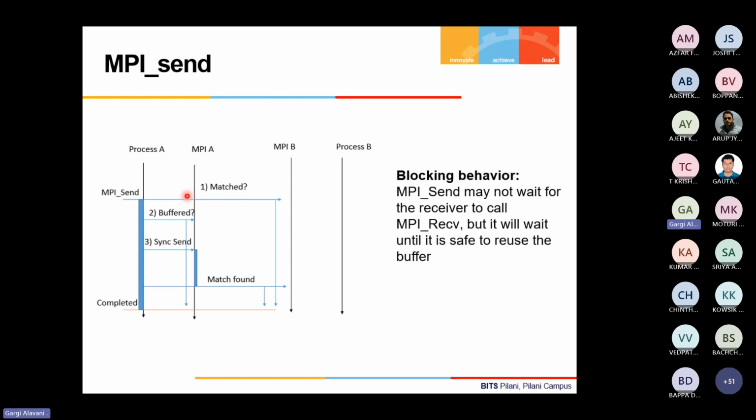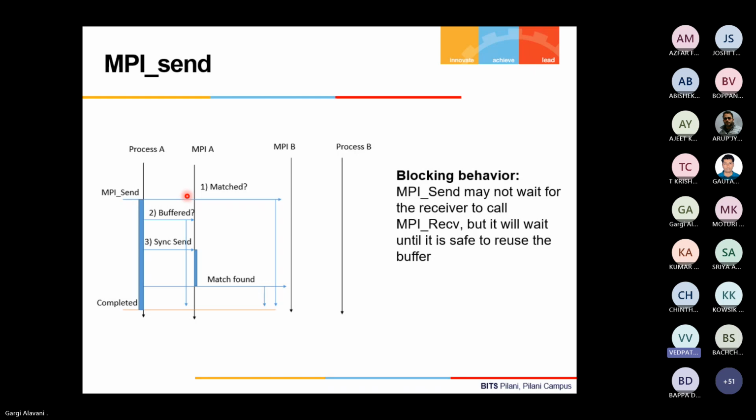Until it is buffered, process A cannot continue and do something else. It has to wait. As soon as the buffering is done, process A can start doing some other task. Now, if some other process is ready to receive at that time, it can receive the data. That's not a problem.